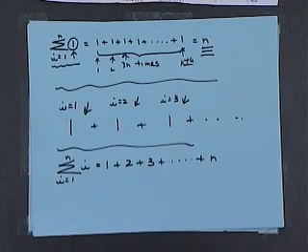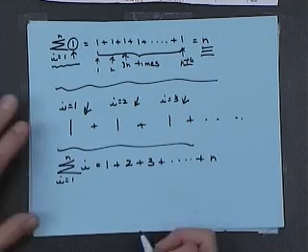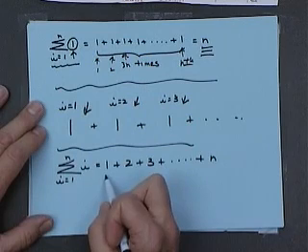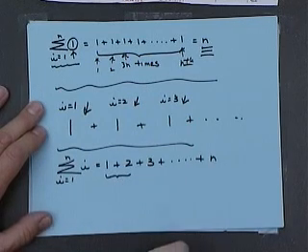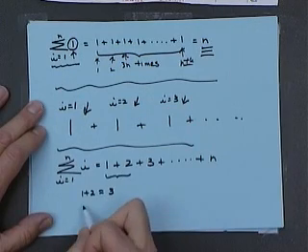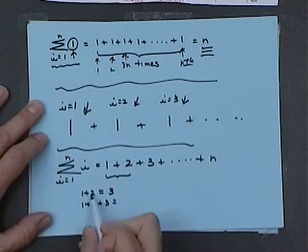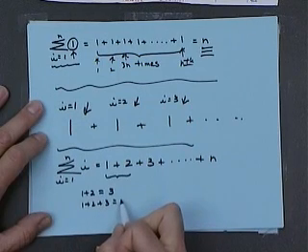I don't know if we can develop this, but we can at least make it look believable. If we were to stop at 2, the sum of 1 plus 2 is 3. If we continue and add in the next one, 1 plus 2 plus 3 is 6.